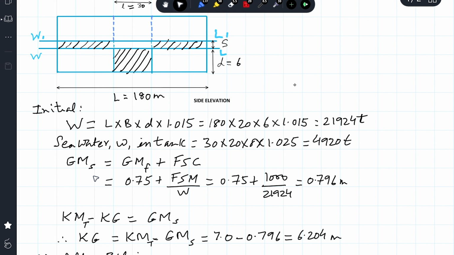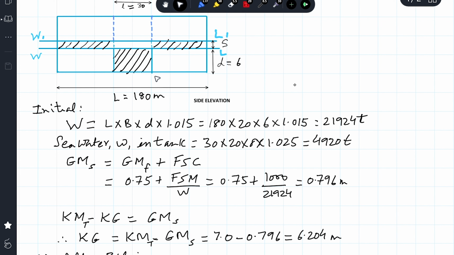GM solid is given by GM fluid plus FSC, because from GM solid we subtract FSC to get GM fluid. In the question they have given us GM fluid. I need GM solid to get my KG. So I will add the FSC.